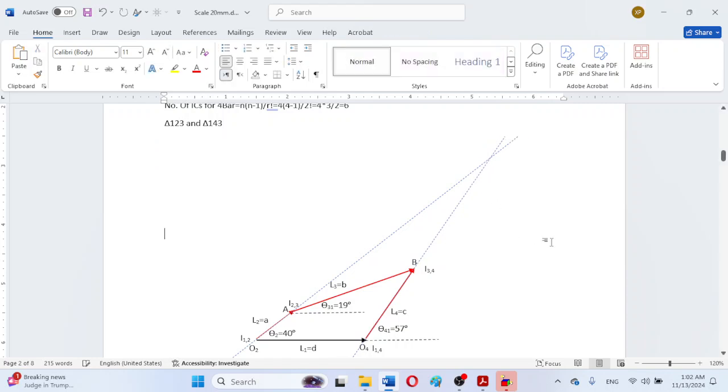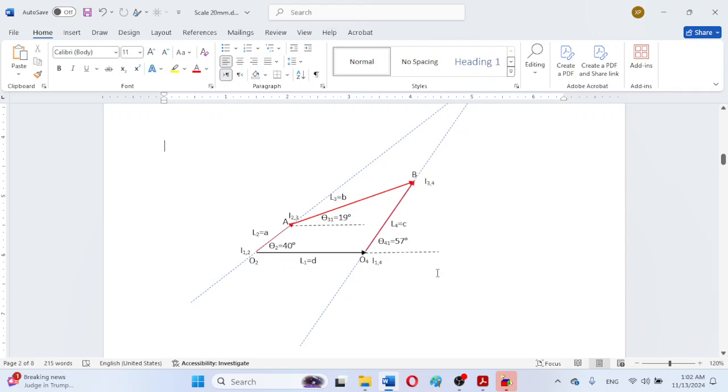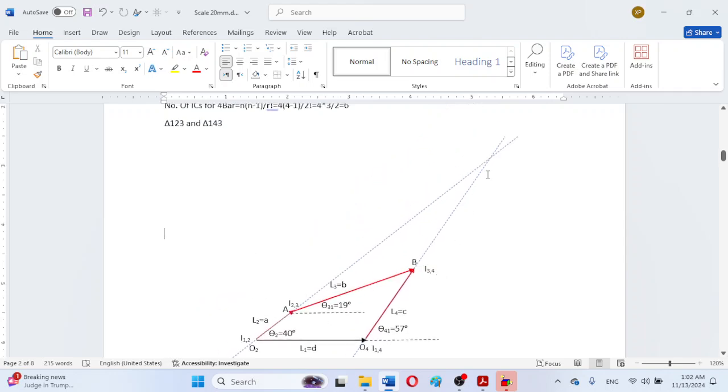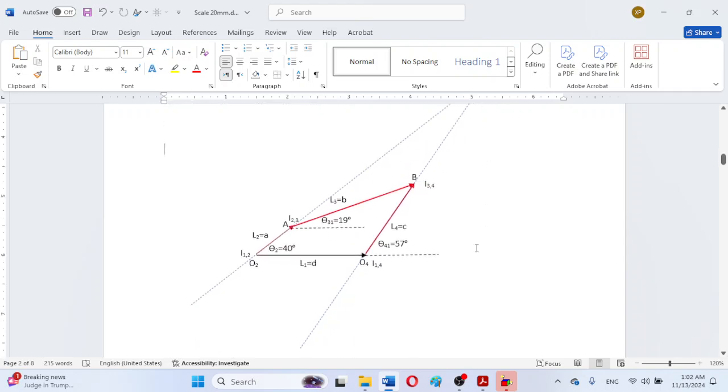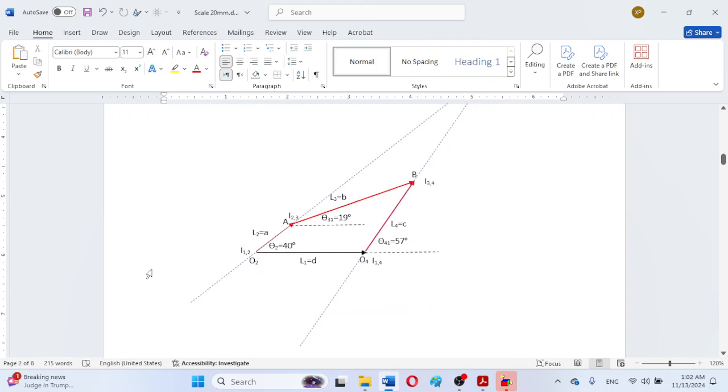In this way, as can be observed, the intersection has been made here, and on the other side the intersection is not made. So we must follow this practice: we will always extend the lines connecting the permanent instant centers in both orientations, in this orientation or in this orientation.